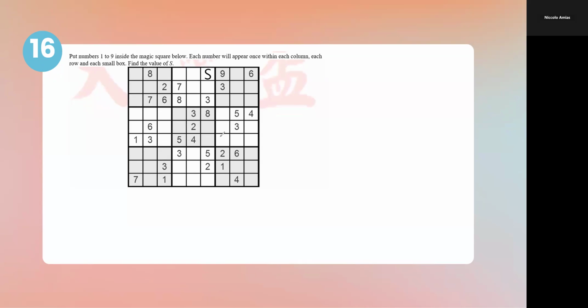So, in the top, the one that has the 3 and 8, there should be one there beside 3, because in the other column there's already a 1, and in the other 3 boxes there's a 1 in that whole box, so we can put it there.